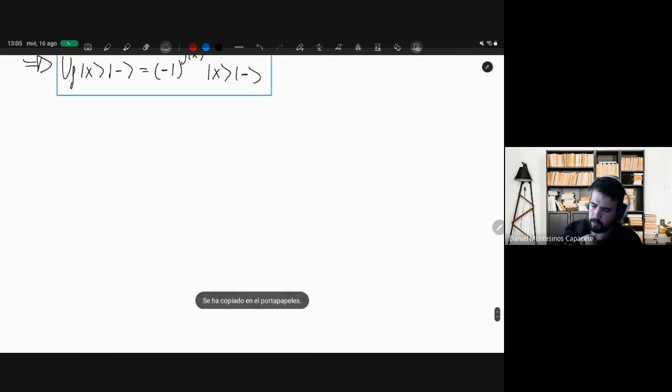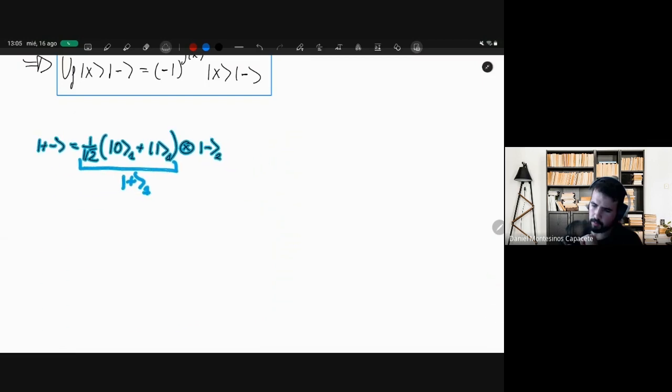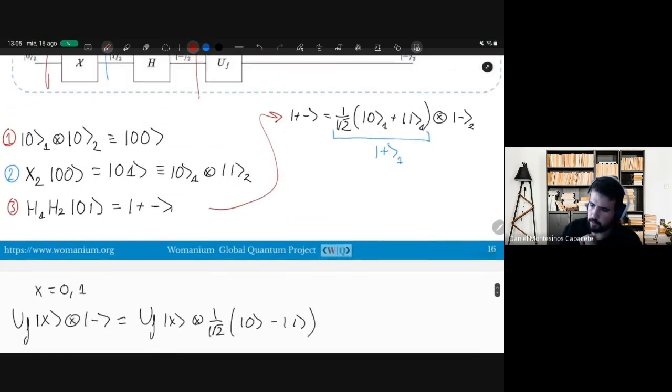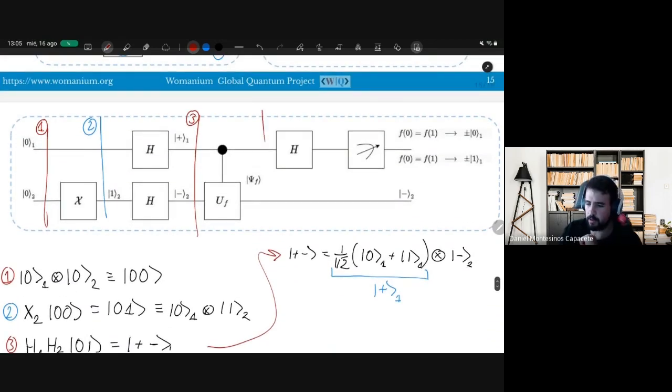So going again to this state here, if we go to this point, let's call this 4.